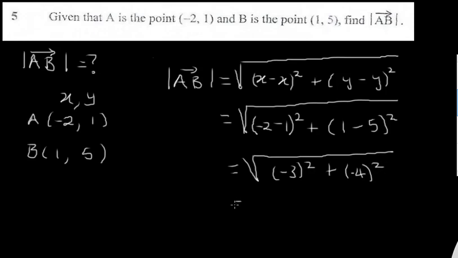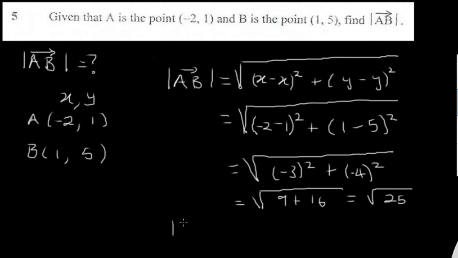So what is minus 3 squared? 3 squared gives us a 9, plus 4 squared gives us 16, which then gives us 25. So we'd have root of 25.